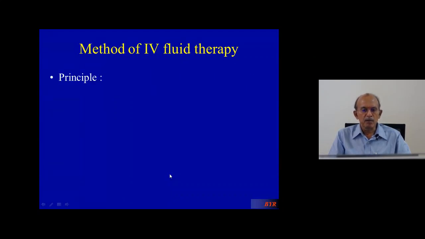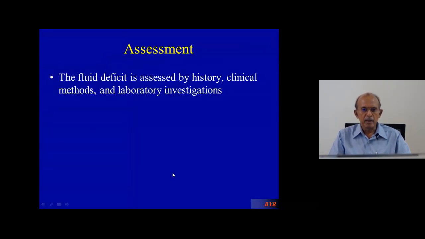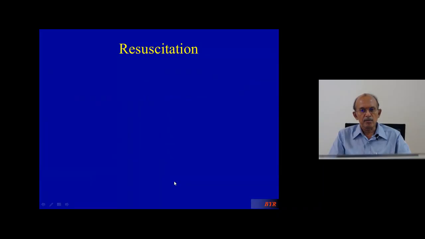Method of IV fluid therapy. The principle is to maintain adequate cardiac output. This is achieved by assessment, resuscitation, routine maintenance, replacement, redistribution, and reassessment. Assessment: the fluid deficit is assessed by history, clinical methods, and laboratory investigations.